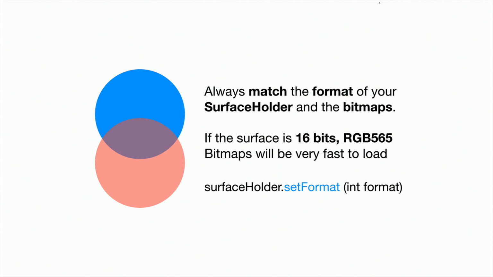Avoid transparency formats as much as you can, because transparency is always a double render cycle. It always takes a little more computation power to do any kind of alpha computation. So make sure the format for your surface holder matches the bitmap. You can use setFormat, which takes in a constant from the PixelFormat class, I think.